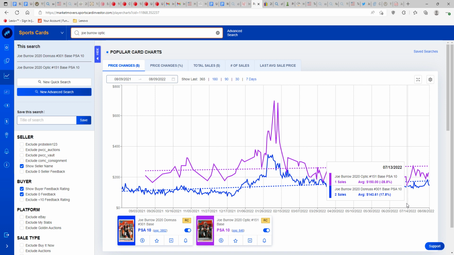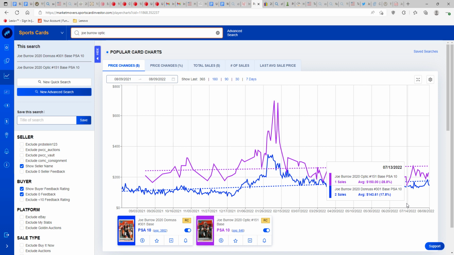So under those circumstances, one of two things must be true. Either the Donruss base is overpriced, and it should actually be worth about $75. That's the first option. Or the Optic base in PSA 10 is dramatically underpriced and should be worth about $300.